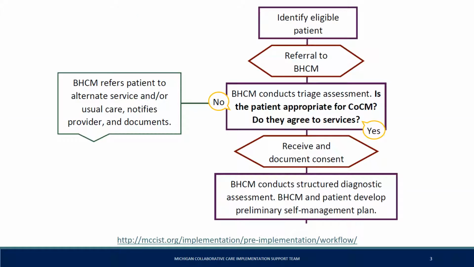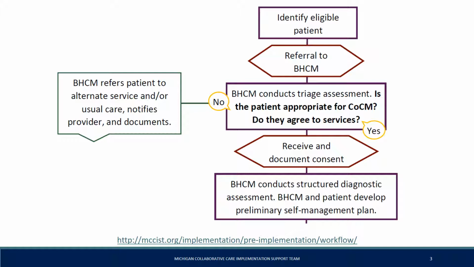This is an example of a collaborative care workflow that was developed by our team. And this is just a part of the workflow right at the beginning. So we can see at the top, we're looking at identifying the eligible patients for the program, and then the PCP or any provider or staff that your clinic's identified can make that referral to the behavioral health care manager to see if the patient is eligible for the collaborative care program.